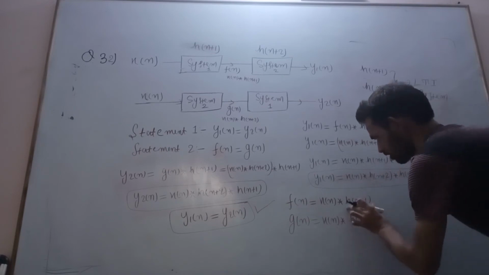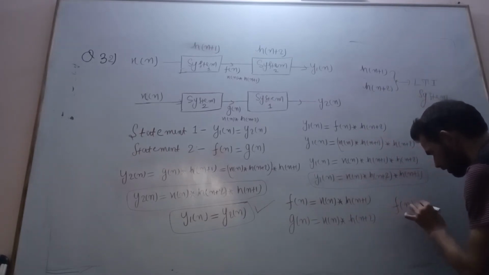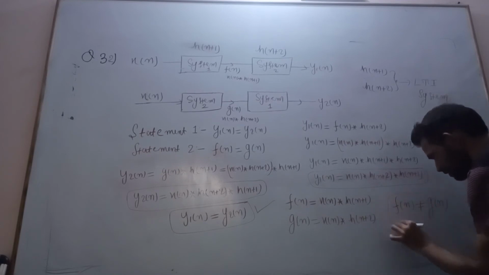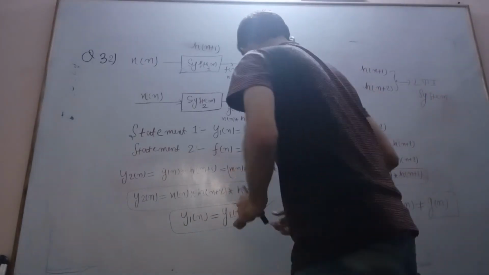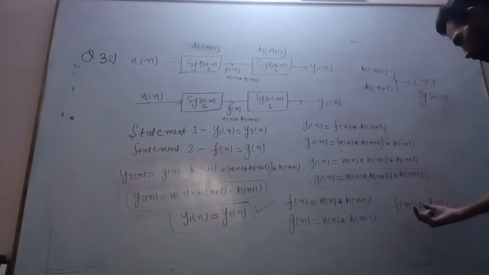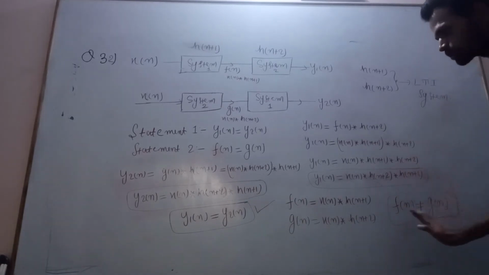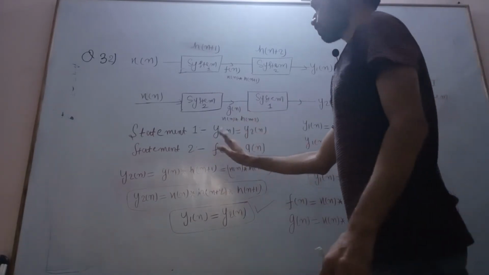Yes, which is not equal. Here f of n is not equal to g of n, so f of n equal to g of n is not always true.